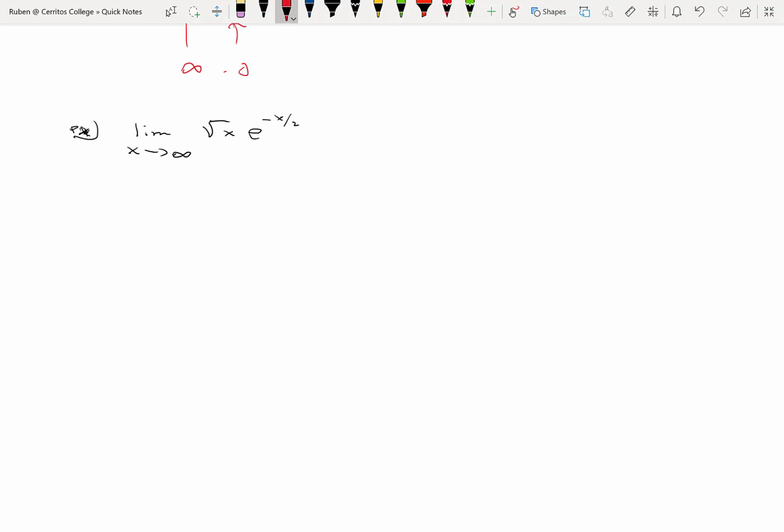As x approaches infinity, the square root of a large number is still large. And as x approaches infinity, we're looking at e to the minus infinity over 2. Half of infinity is infinity, e to the negative infinity is 1 over e to the positive infinity. That's 0. So this is the large times small problem. This is indeterminate.